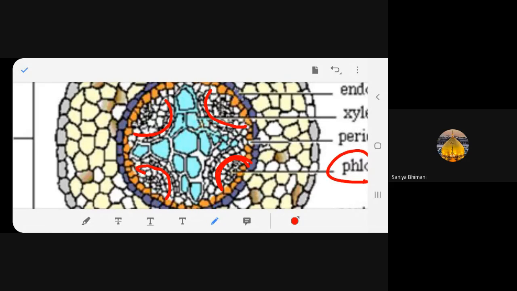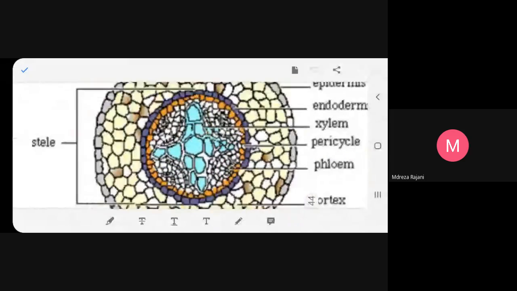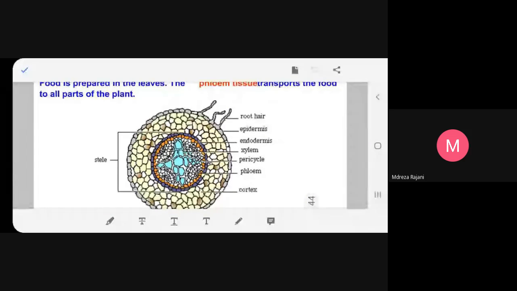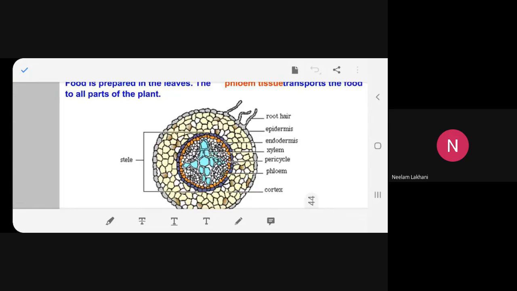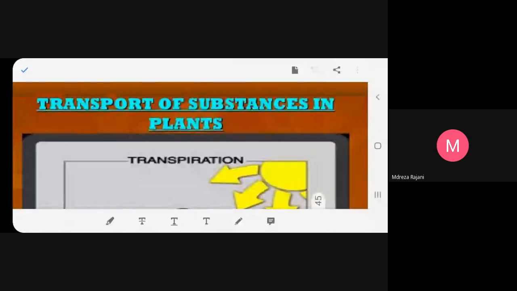I showed you how the xylem looks, where the structure is, what its position is, and how it looks. You got the idea? Any problem so far? This is the root. From the root, it will go to the stem. Any problem, beta?